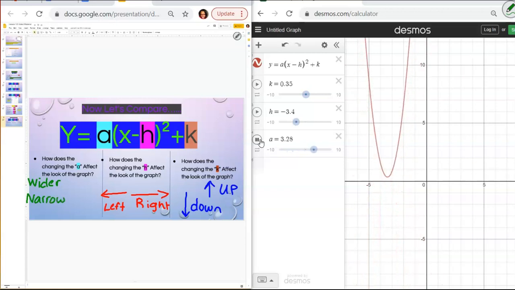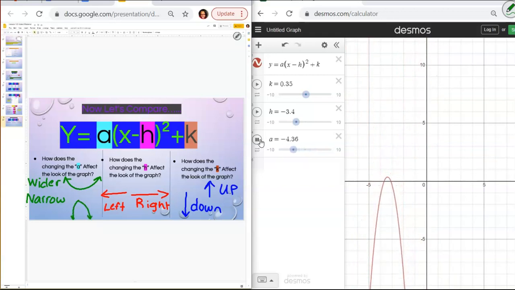All right, and I'm going to draw a picture. So when that graph is wide like that, or it causes it to be really narrow, really skinny, close together, something like that. And it also causes it to reflect.